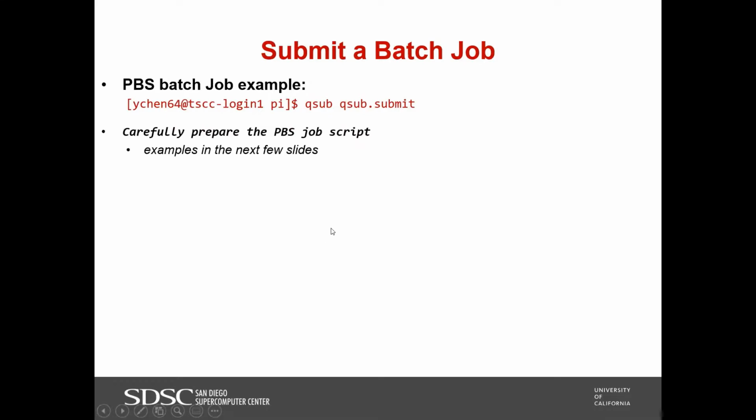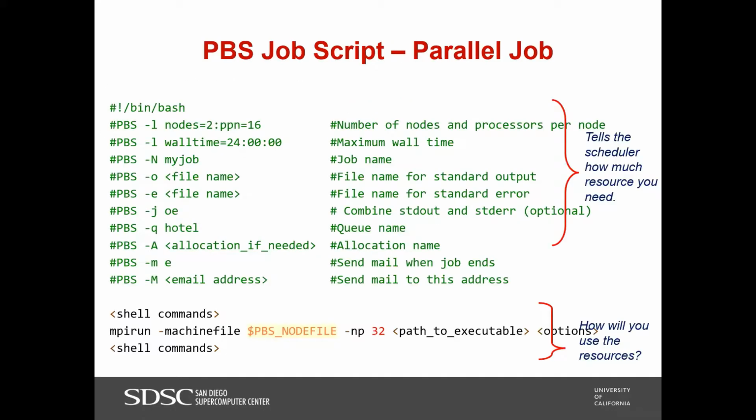On the other side, you have to carefully prepare your job script, because that's everything you need to run your batch job. So here is an example of the job script. I highlighted this job script into two parts.